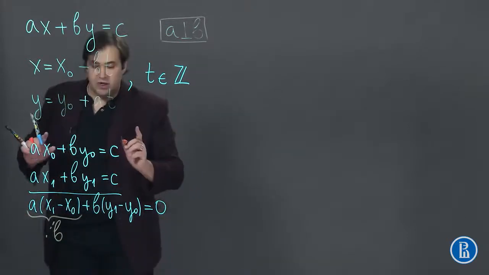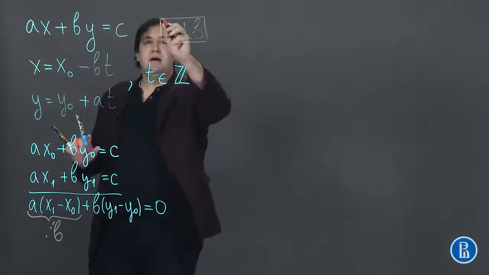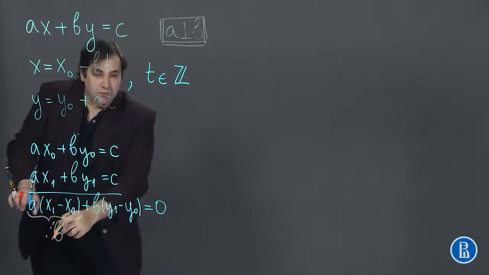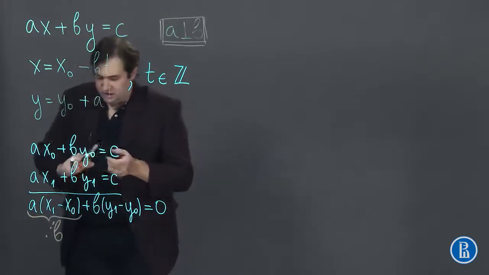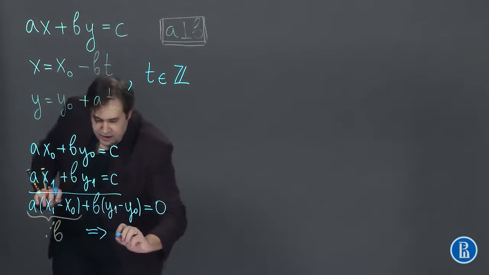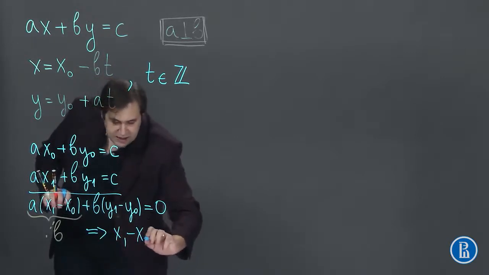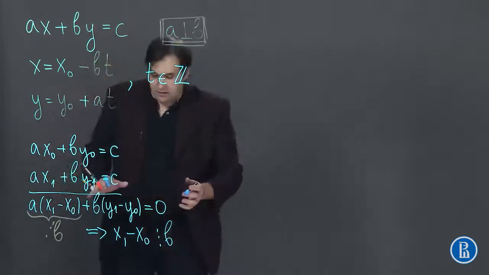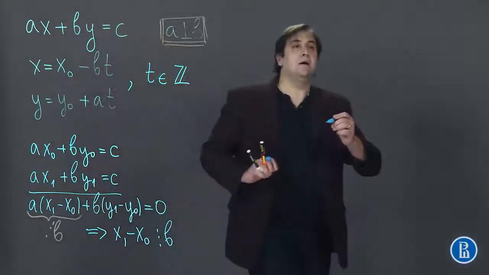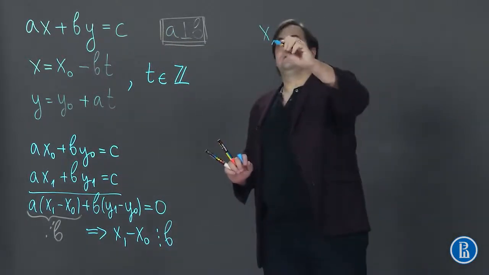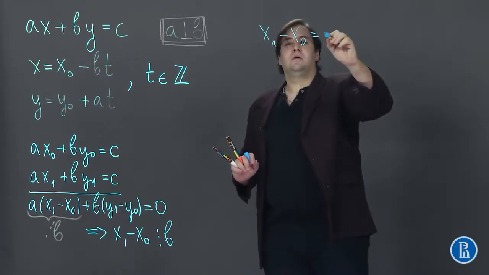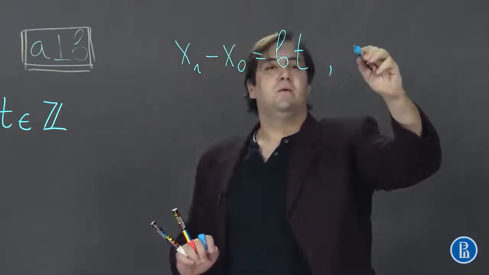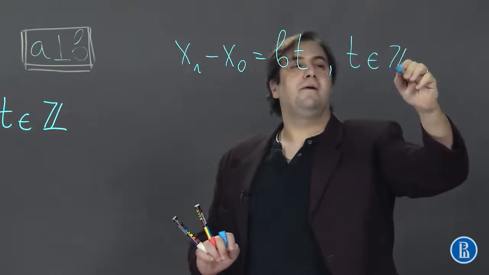However, as we know, a and b are mutually prime. So since a and b are mutually prime, then from this it follows that x1 minus x0 must be divisible by b. Then denote x1 minus x0, say that it is equal to b multiplied by some t, where t is an integer.